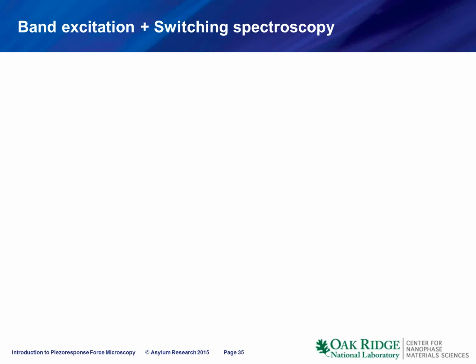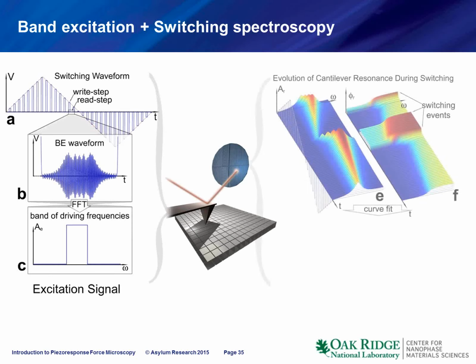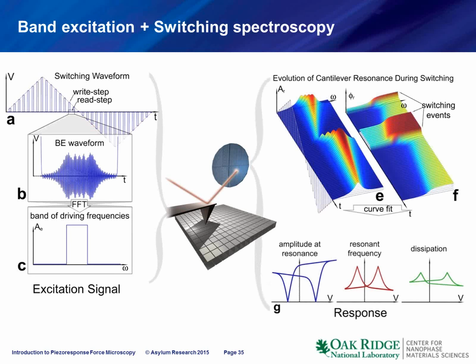It turns out that the amplitude of the resonance tells us the information most relevant to the polarization switching, and the evolution of the resonant frequency and dissipation gives us valuable insight into the mechanical change in the system, in the ferroelastic switching, in the behavior of ferroelectric relaxors or morphotropic systems.